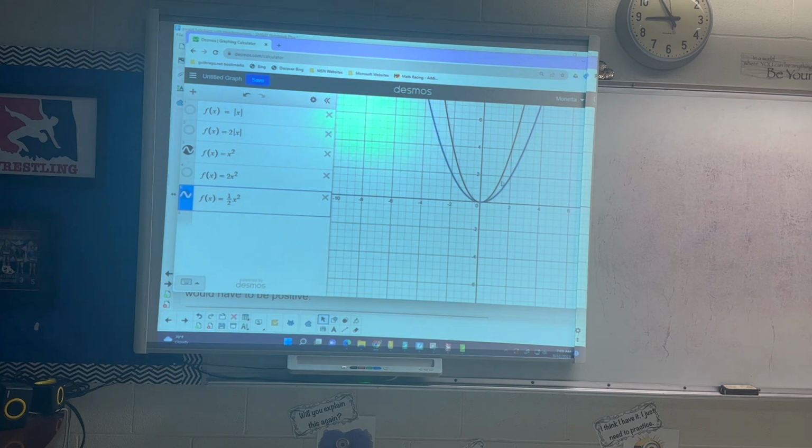And again, it looks like it's wider, but I'm not doing appearances, I'm doing function output values. So my output value at -2 was 2 on my transformed graph, but on my original graph, my output value at 2 was 4.